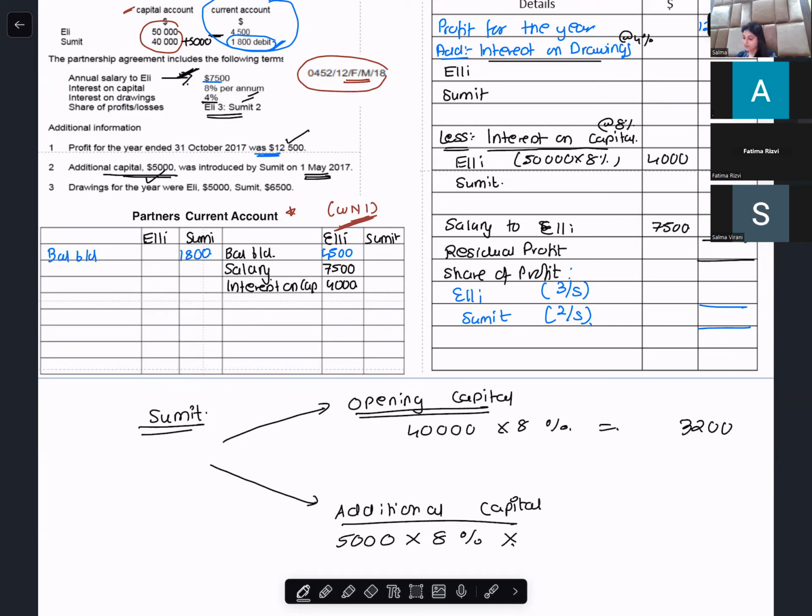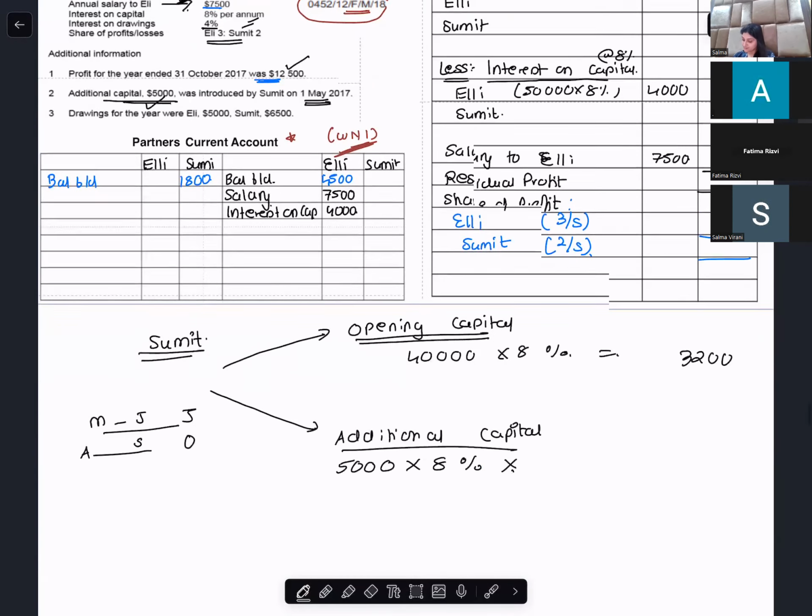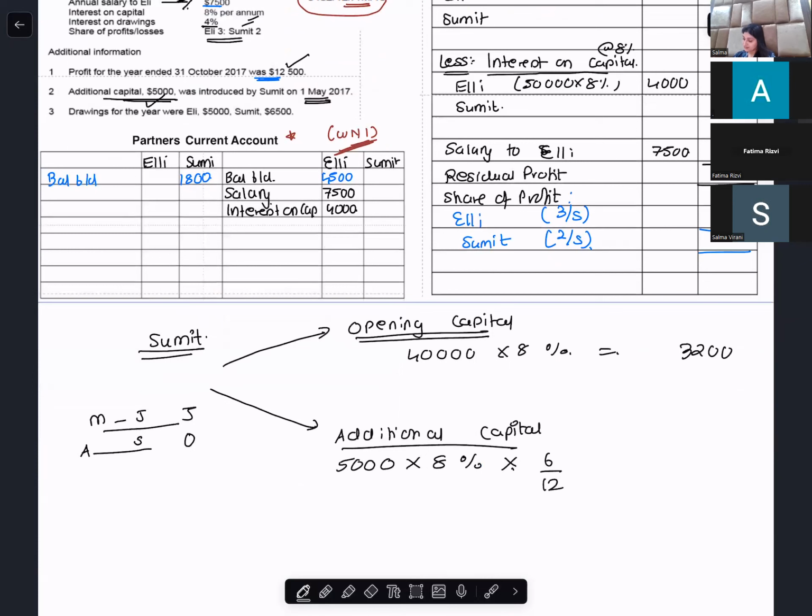How many months? 6 months, November 1st to May 1st, 2017. 5,000 into 8% into 6 by 12, 200.